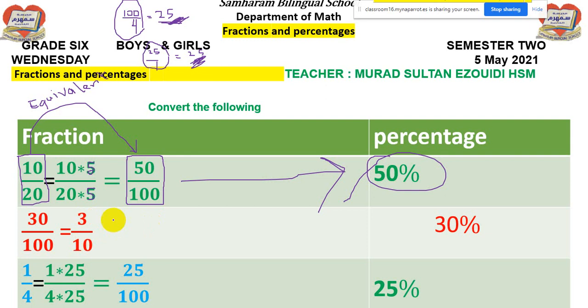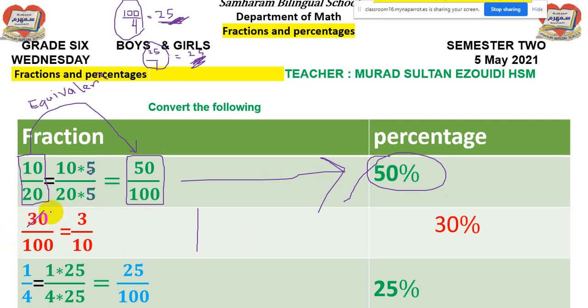Now I will consider this one. 30%. How can you write it as a fraction? It will be 30 divided by 100. Yes or no? Because 30%. Okay. So then, how many tens are there in 30? 3.